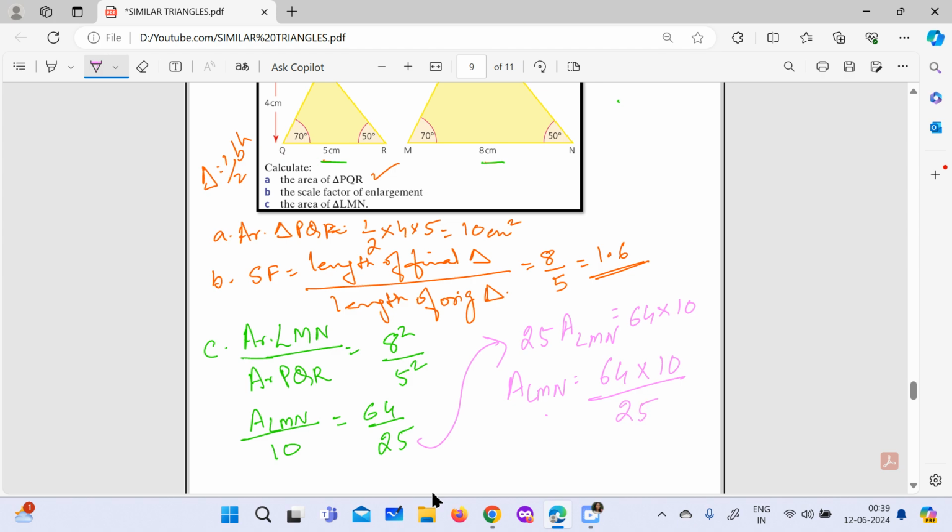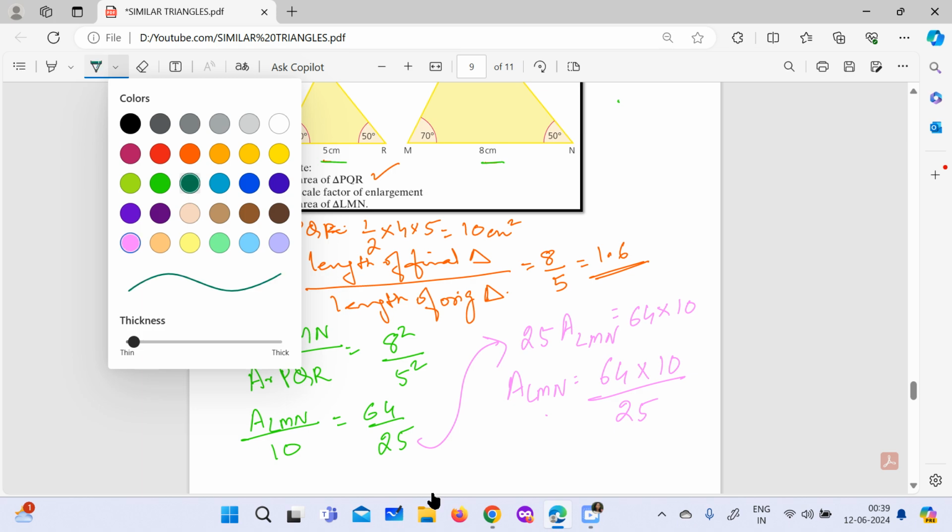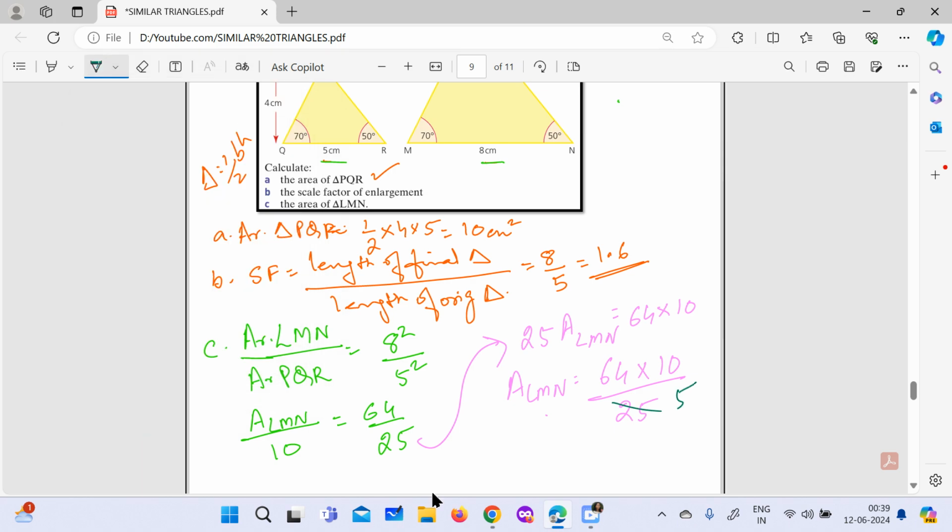And then we can solve it further. So area of LMN equals 128 over 5, which is nothing but 25.6 centimeter squared. So this is also done.